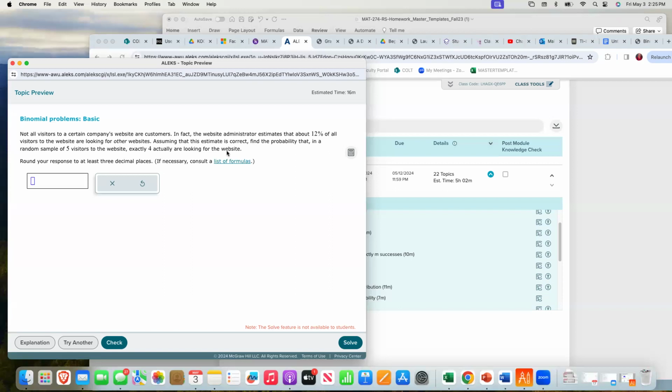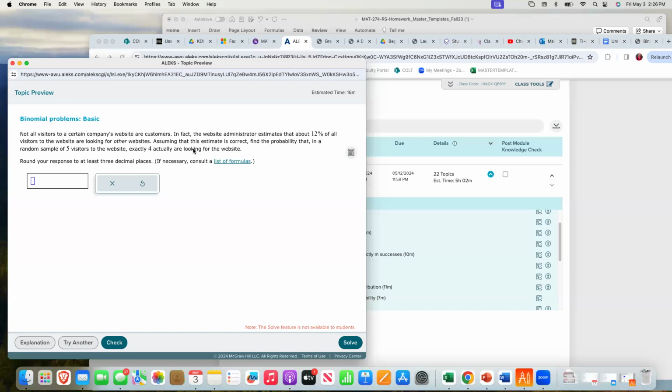And so we just got to be careful, and it's easy to just read over this very quickly and look for numbers like, this would be the N, this would be the P, and this would be the value we're interested in, X is equal to. But here they're actually giving you the value of the complement of a success, right?